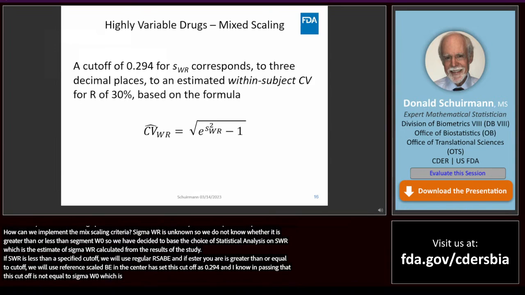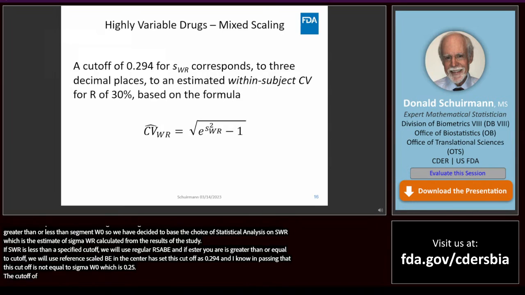The cutoff of 0.294 for SWR corresponds, to 3 decimal places, to an estimated within-subject coefficient of variation for the reference product of 30%, based on this formula.